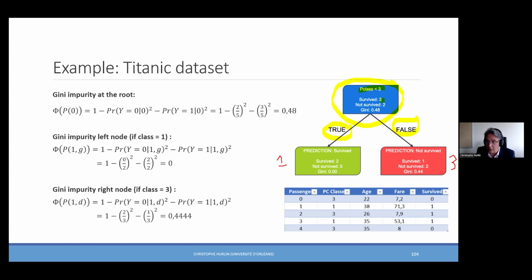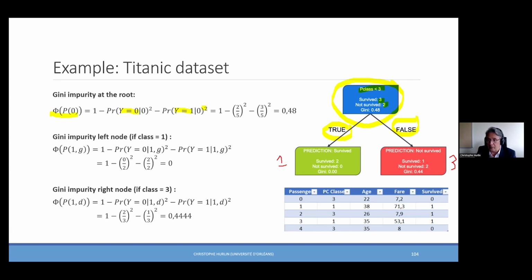So we have 3 people who survived, 2 who did not. What is the Gini index at this stage? It is 1 minus the probability of not surviving squared minus the probability of surviving squared. What is the probability of not surviving?